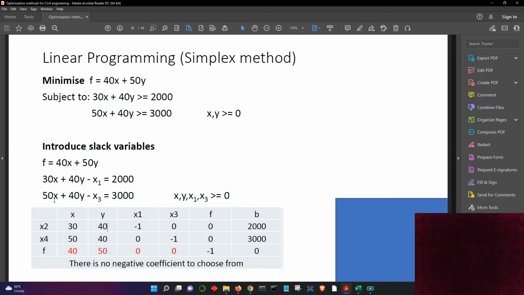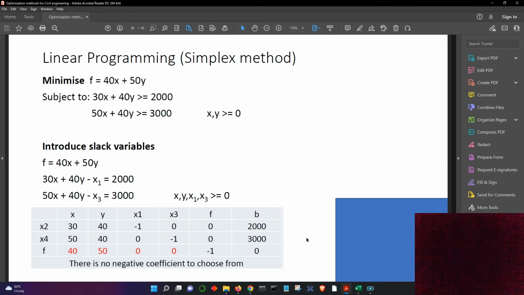Similarly, 50x plus 40y plus 0x1 minus x3 plus 0f is equal to 300. And when you bring f to the right hand side, it becomes minus 1. So 40x plus 50y plus 0x1 plus 0x3 minus f is equal to 0.